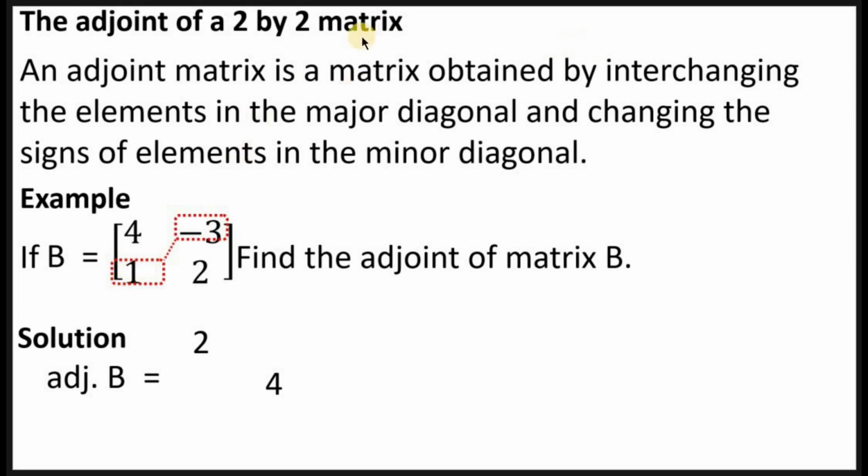Because of this concept where we said an adjoint matrix is a matrix obtained by interchanging the elements in the major diagonal and changing the signs of the elements in the minor diagonal, we are changing the sign. This was negative, it becomes positive. This was positive, it becomes negative. So this is negative becomes positive 3, and this is positive 1 becomes negative 1. So this one becomes the adjoint.